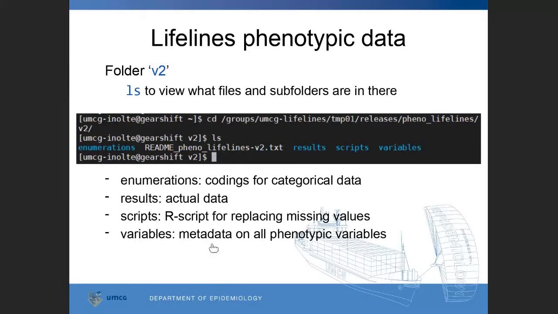And in the variables folder, there is metadata on all the phenotypic variables, saying what the variables mean and where they are coming from. In the scripts folder, there is an R script for replacing missing values. As Sylvia mentioned this morning, they now have separate codes indicating whether a Lifelines participant has seen the question but did not answer it, or whether this person did not see the question at all.